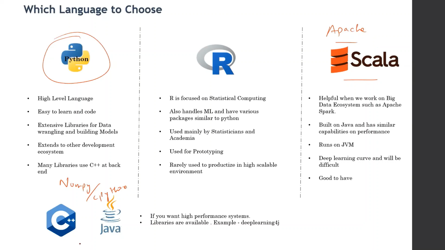For advanced practitioners, we can go for C++ or Java. Since they are low-level languages compared to Python and R, they are more efficient in terms of executing loads, so this is for advanced use. Once you have mastered Python, it's good to have C++ skills as well.